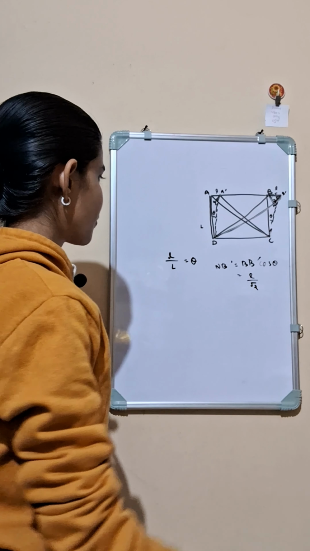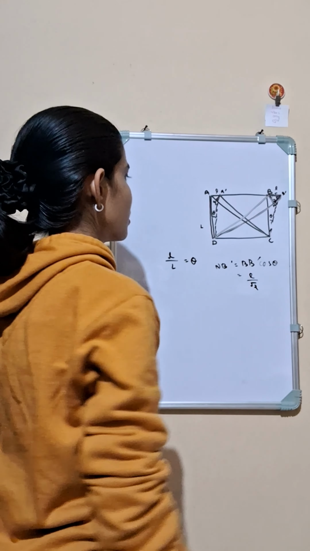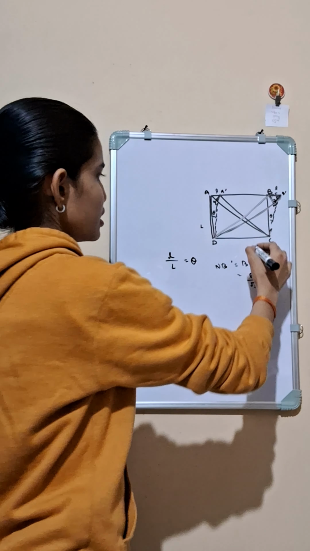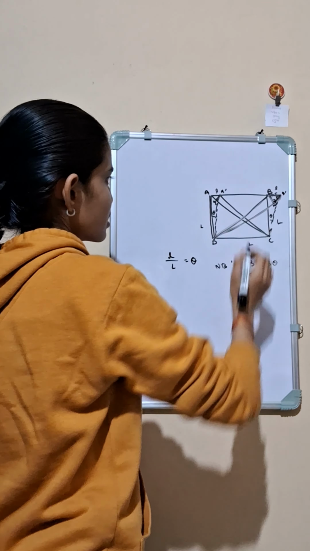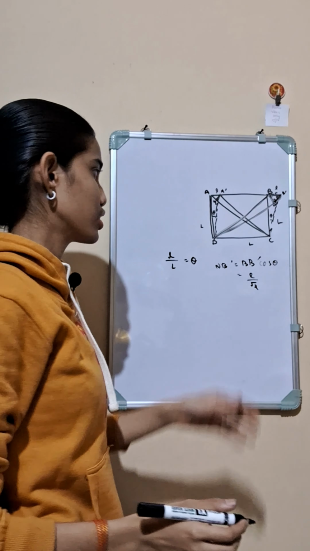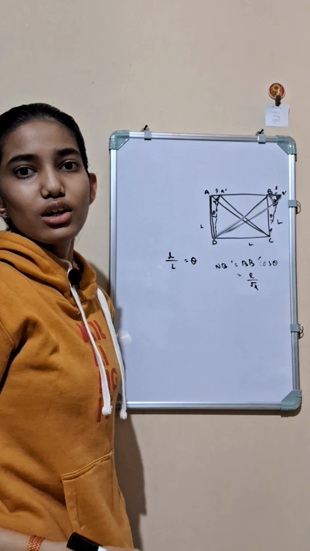Here cos theta is 1 by root 2, so this will be equal to L by root 2. So now what is the initial length of the diagonal? Initial length of the diagonal will obviously be, here it is L, then this is equal to under root L square plus L square, which is equal to root 2L.